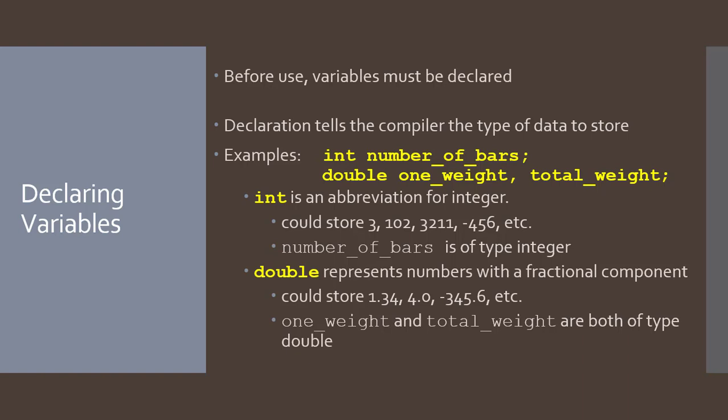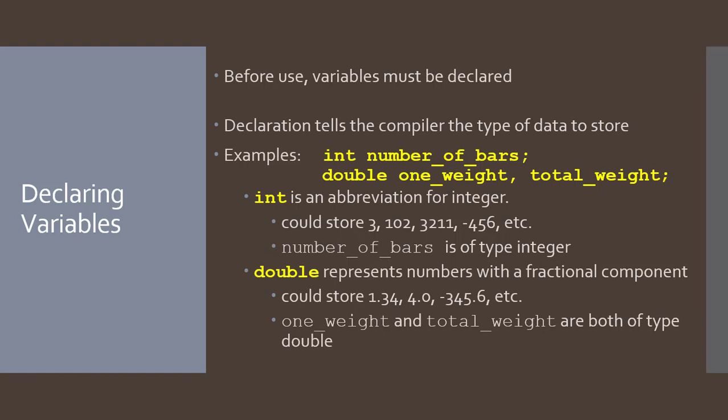Okay, so the line that says int number_of_bars is a variable declaration. It creates a single place to store data called number_of_bars, and it sets that place up so that it stores an integer. You got one candy bar, or two, or three, or four, or six, whatever.